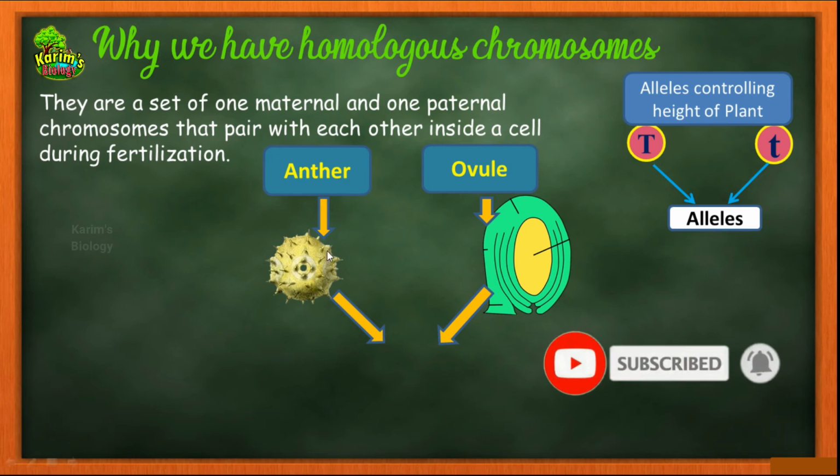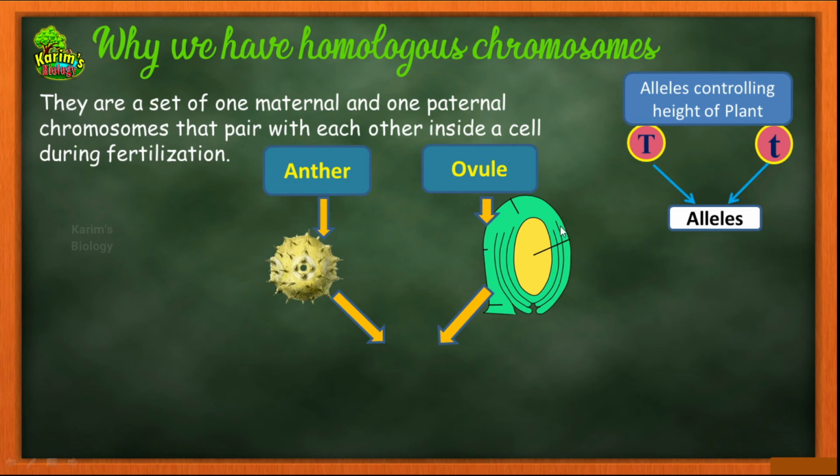Let us consider here that male gametes in the plants are present in the pollen grain and the female gamete is present in the ovule. Okay, and consider that one chromosome that carries the allele capital T is present in the anther, that is in the male gamete, and the other allele of the same gene, that is small t, is present in another chromosome present in the female gamete.